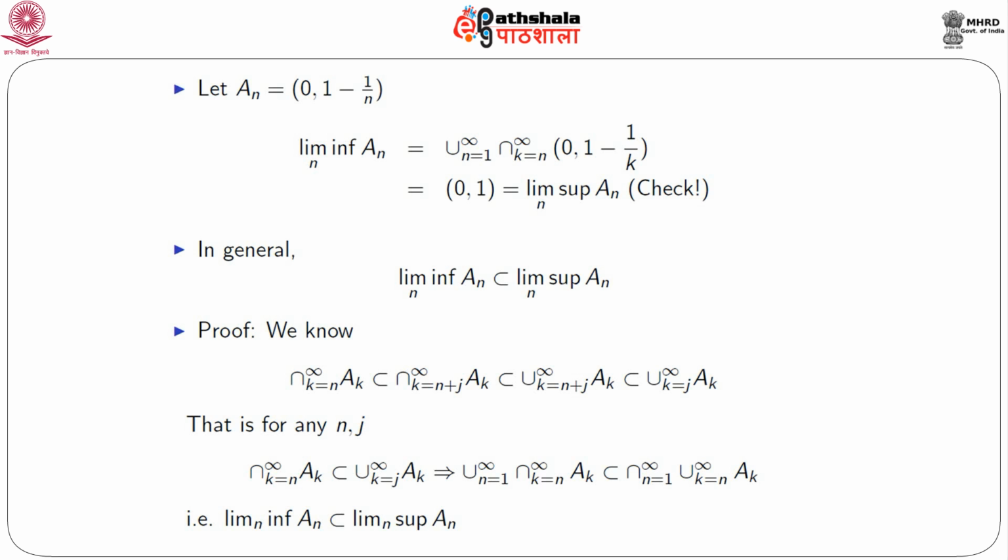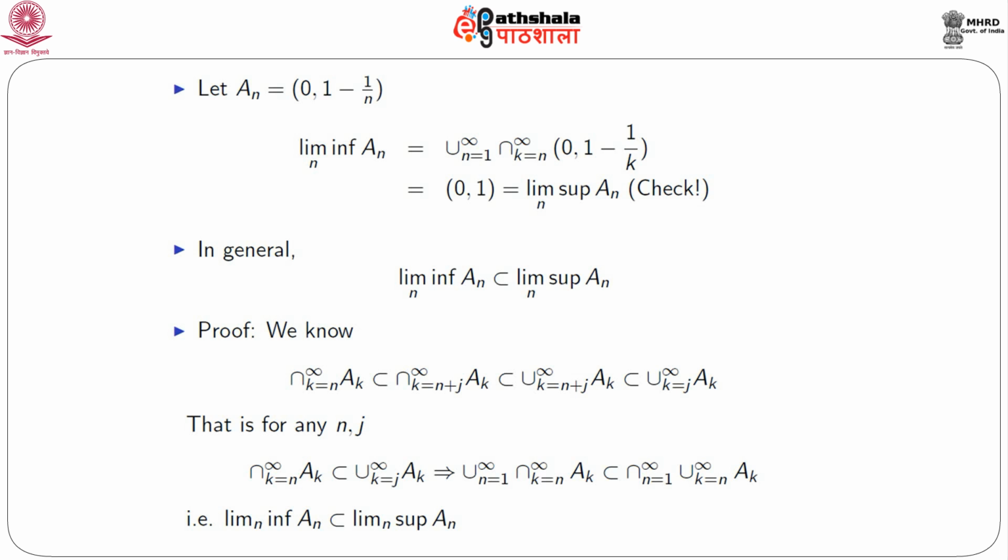In the first step you have to take the smallest of these intervals, and then you have to take the union over n from 1 to infinity. After a closer look, it can be seen that this limit is the interval [0, 1), which is the same as lim sup a_n. So, here also the lim sup and lim inf coincide, and we say the limit exists.